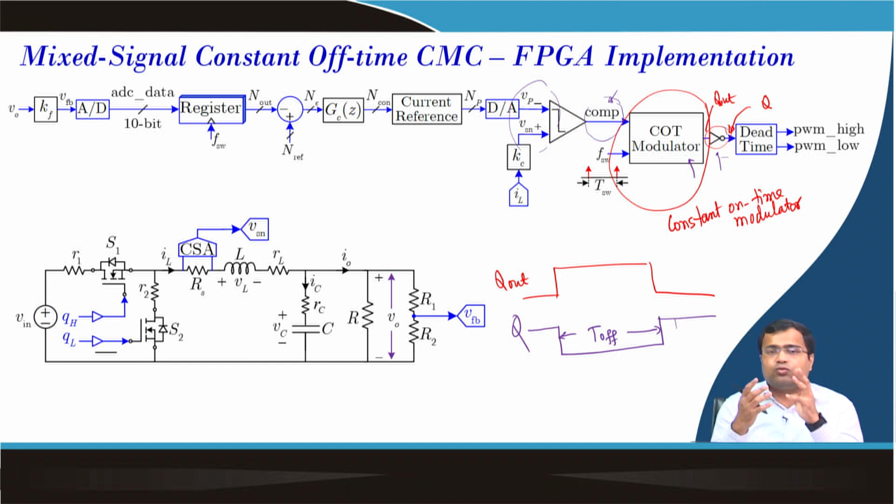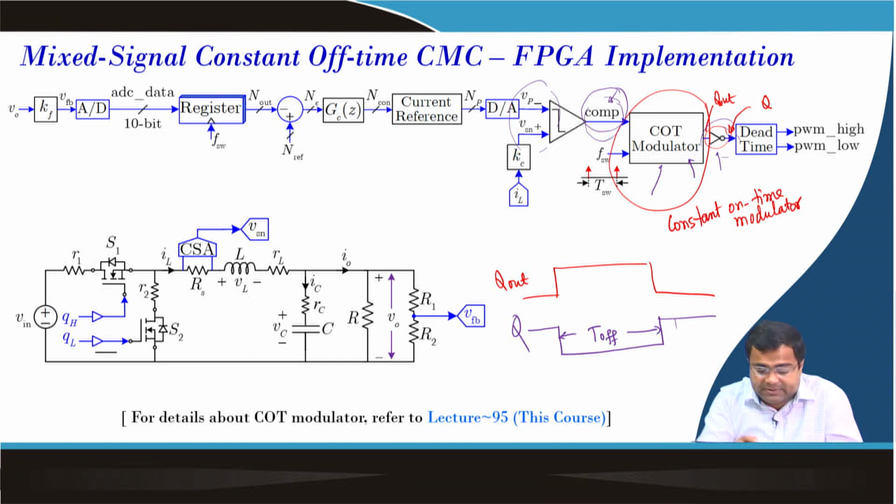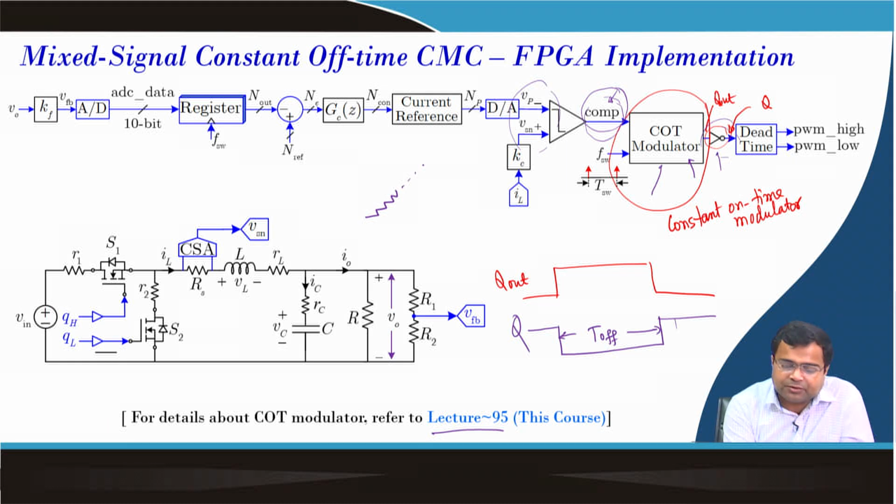So, if you want to move from constant on time to constant off time in your hardware, in your digital circuit, you just have to complement this signal and this signal, and update the timing parameter accordingly, because in lecture number 95 we discussed that to generate this timing parameter we need an n timer.